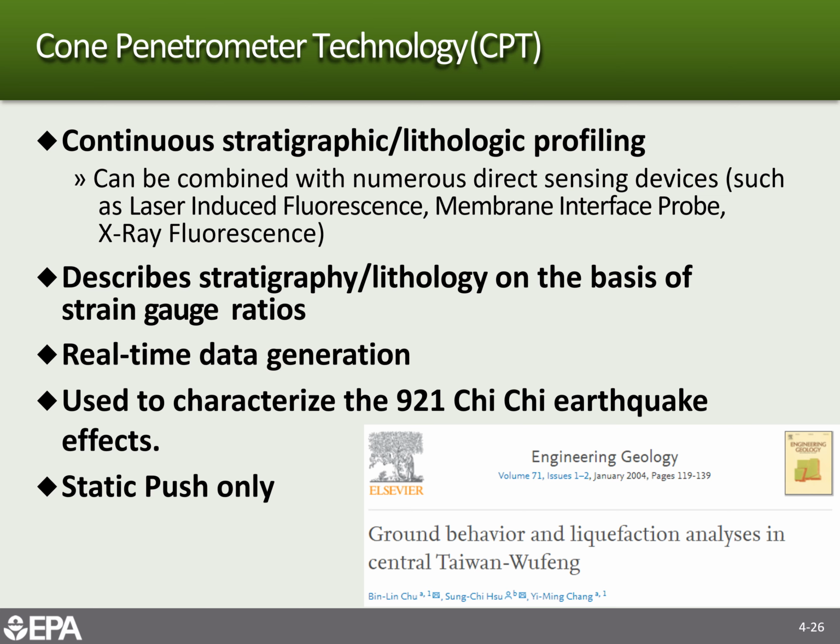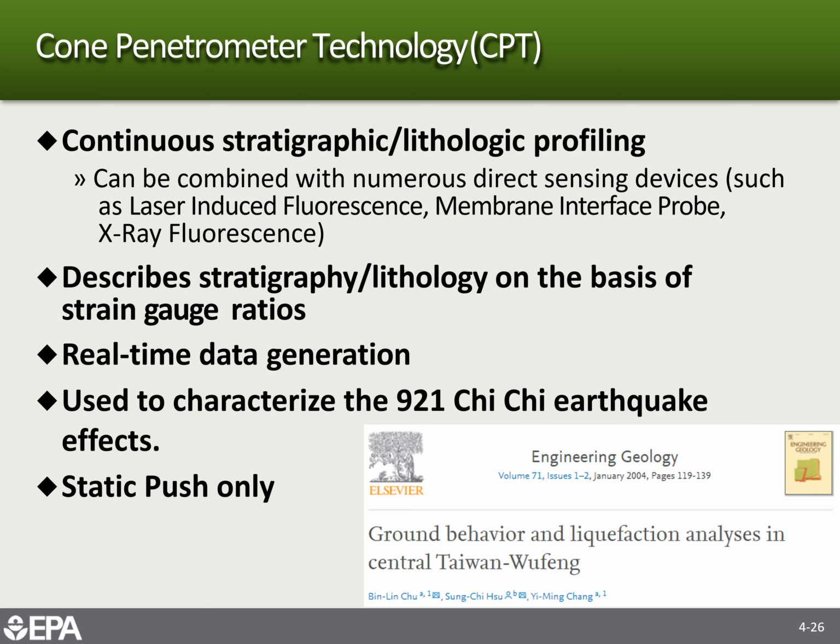The cone penetrometer will give you a continuous stratigraphic or lithologic profile. It can be part of a tool system that's put in place. This needs to go first in the hole because the pressure on the tip is compared to the friction on the sleeve on the side of it, and that's how it makes its determination of the lithologies.